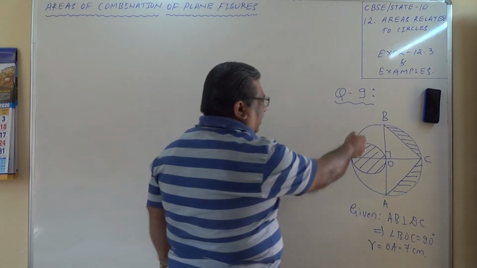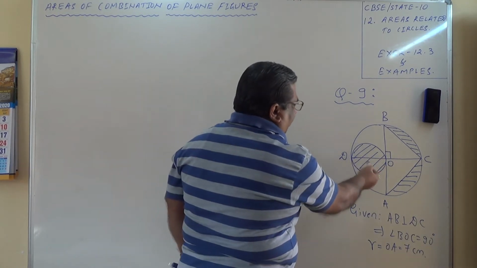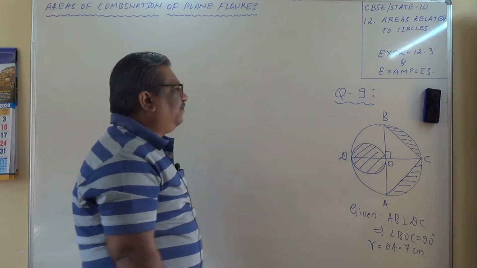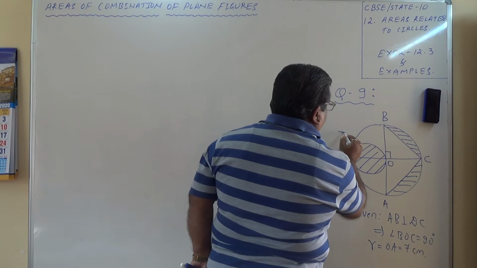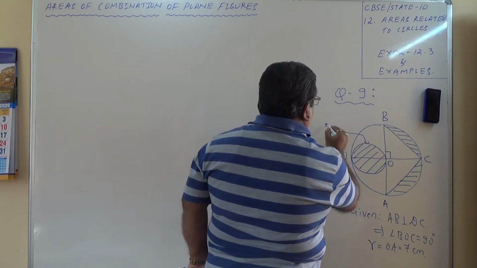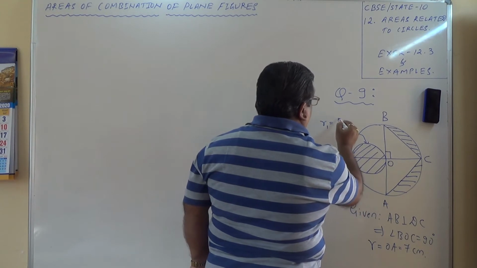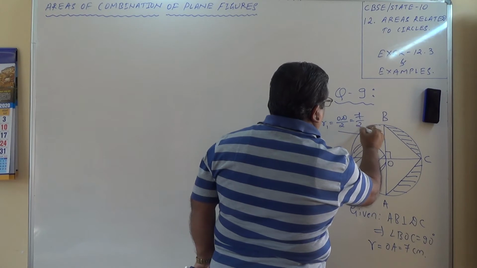So R is the radius of the main circle here, and of course the radius of the smaller circle is nothing but 7 divided by 2, which we will name as R1. So R1 equals OD divided by 2, which is 7 by 2.